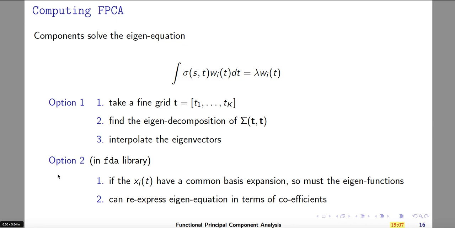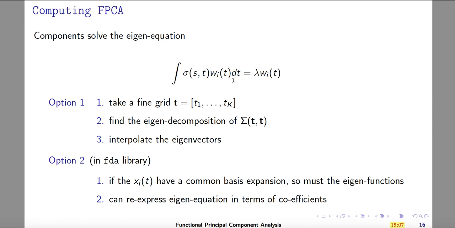So how can we compute FPCA? Basically we can compute FPCA by solving the eigenequations. This is the functional version of the eigenequations: the integral of sigma s of t times wi of t dt equal to lambda times wi of s. Sorry, here it should be wi of s, because t is integrated out. There are two options.